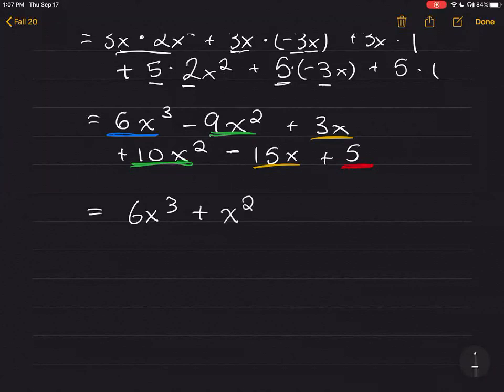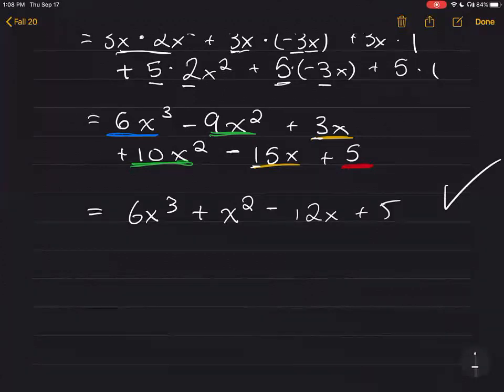There's secretly a 1 here, remember, right in front, but I'm not going to write it just for simplicity's sake. And then plus 3 minus 15, that's minus 12x, and then plus 5. All right, so that's how you multiply polynomials together.